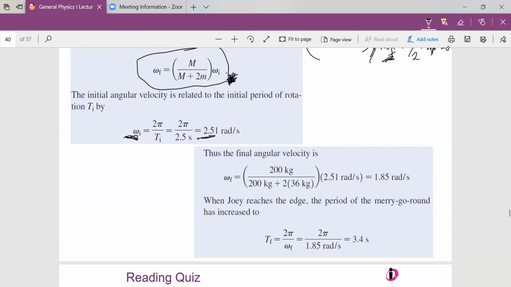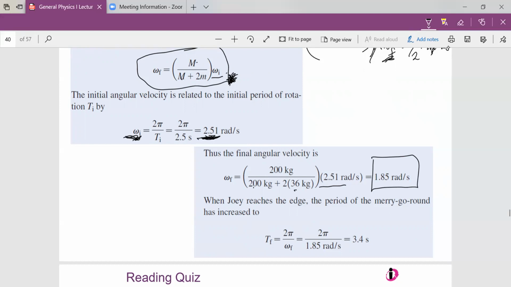So the final velocity for this, capital M for the merry-go-round, and the small m for Joey. Applying it directly, we'll have our initial angular momentum obtained from this expression, and then we'll have our final answer, which is the final angular velocity.